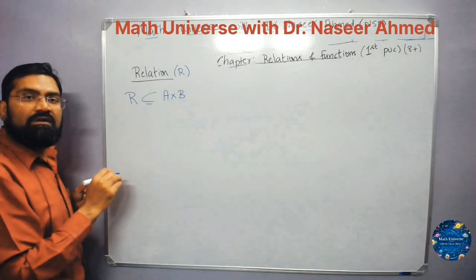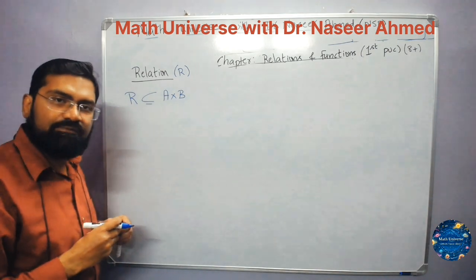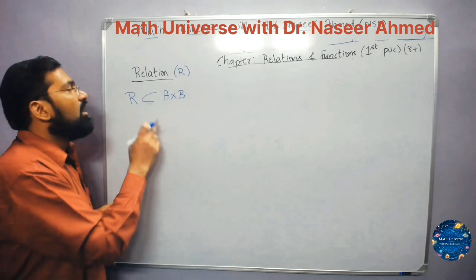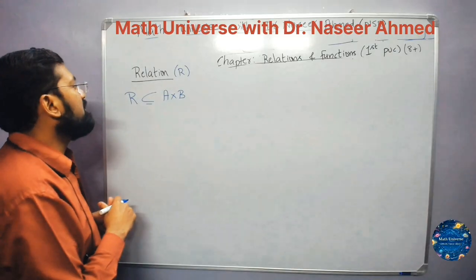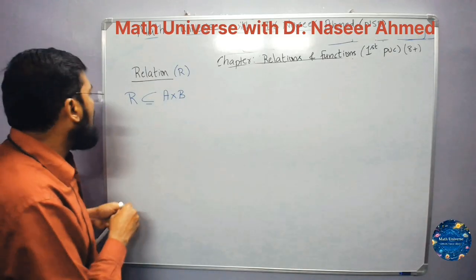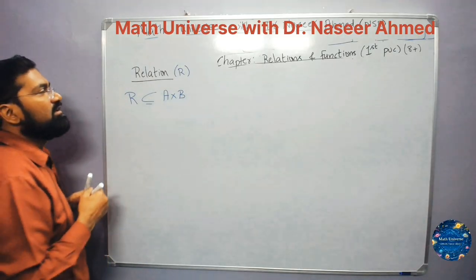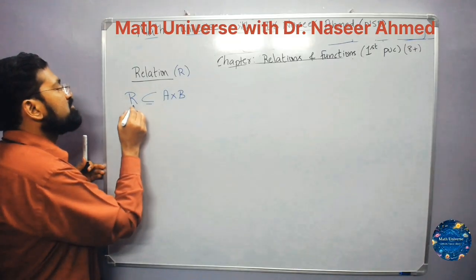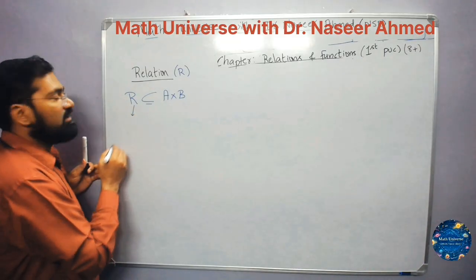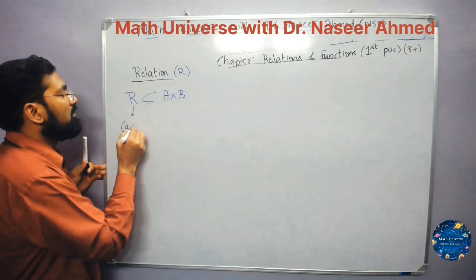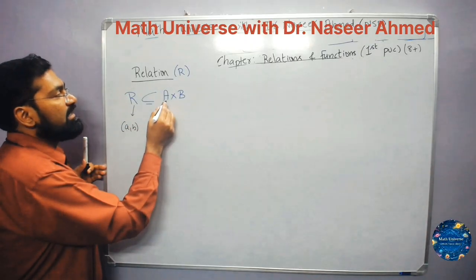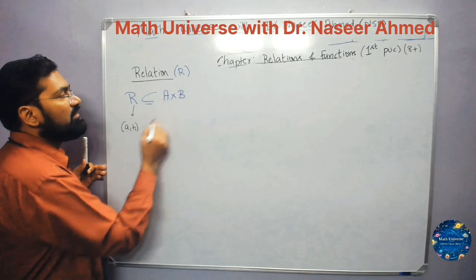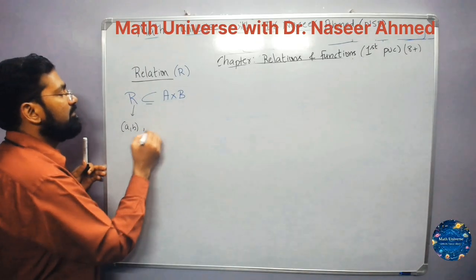When it can be equal: if I define such a relation that all the elements of R are same as A cross B, then it will be equal. Now since R is a subset of Cartesian product, the elements of this should also be in ordered pair (a, b) form, where a will come from the first set and small b will come from the second set.